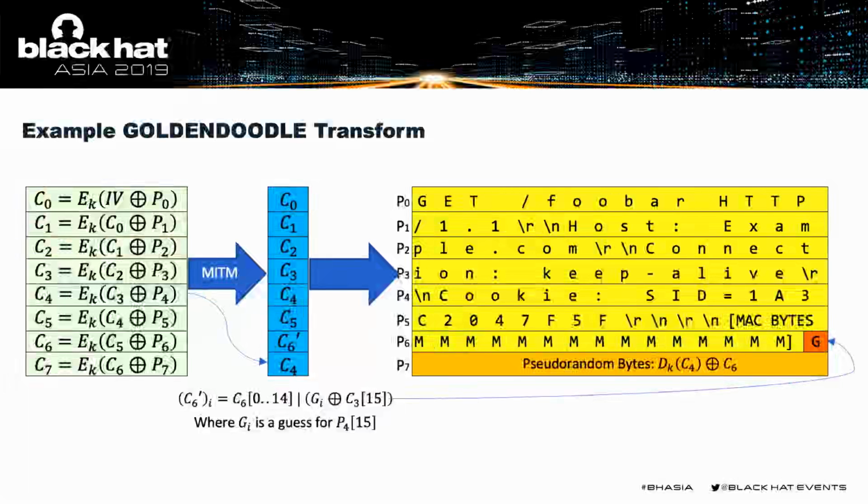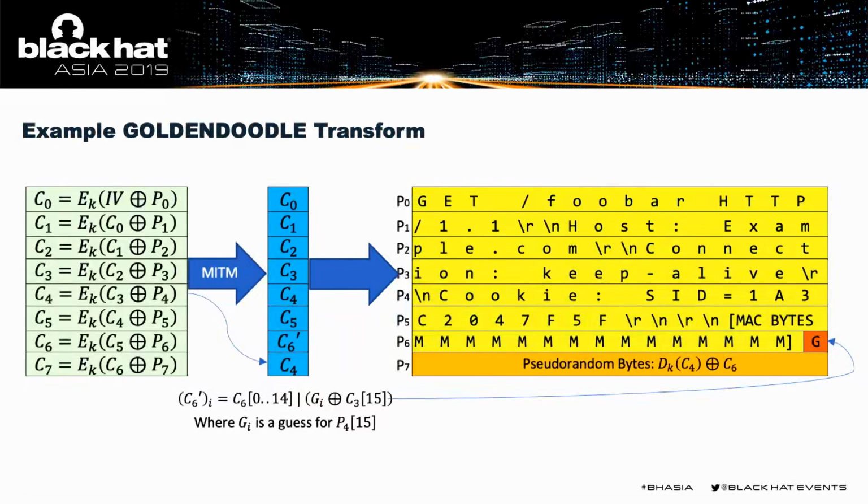So the trick here is that because the MAC bytes are not being validated, we're actually able to set a guess in that block that I've labeled G there and use that to influence the decryption so that we can validate whether or not a guess that we have for a particular plaintext byte is correct. So in that way, we can iteratively go through all possible characters and brute force decrypt this.